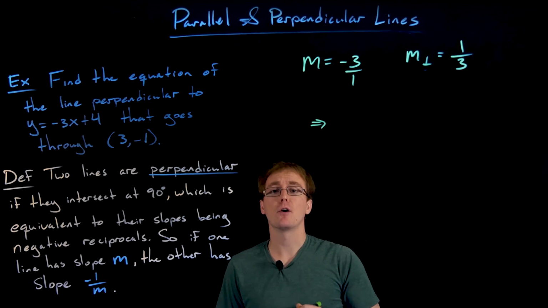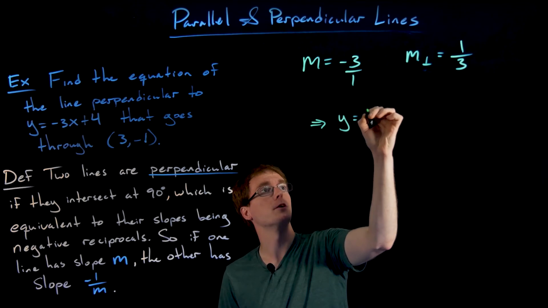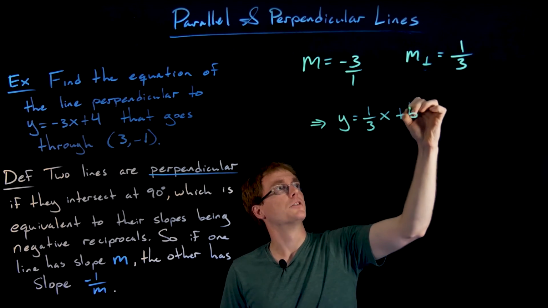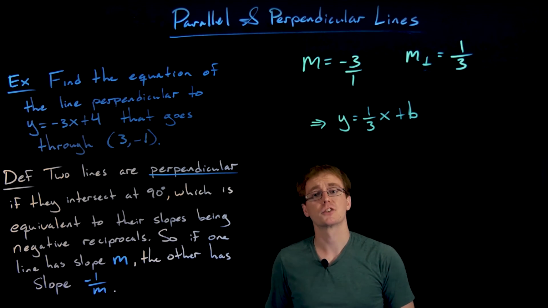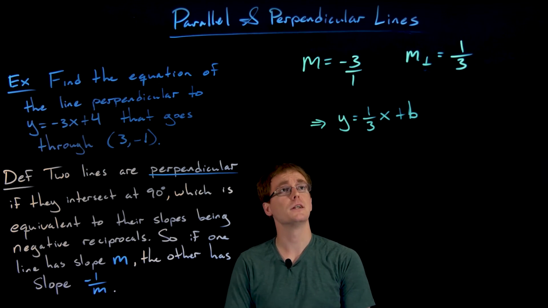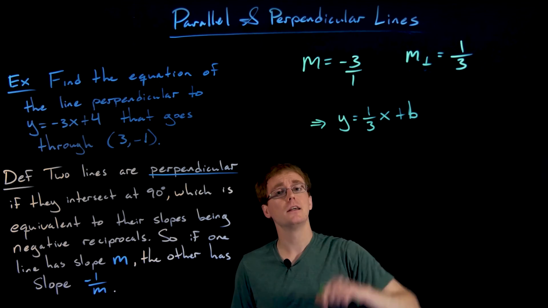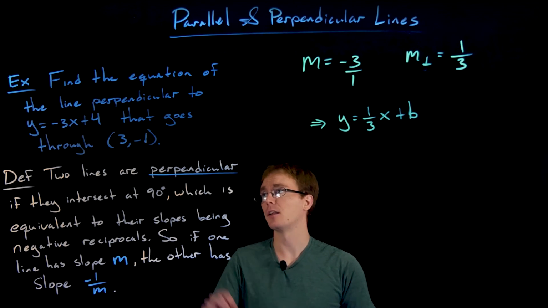So what we know so far about the equation for our perpendicular line is that its slope is going to be positive 1/3. And so the equation for our perpendicular line, if we're writing it in slope-intercept form, which we usually try to do, is going to look like y equals 1/3 x plus b, where b is the y-intercept of that perpendicular line.